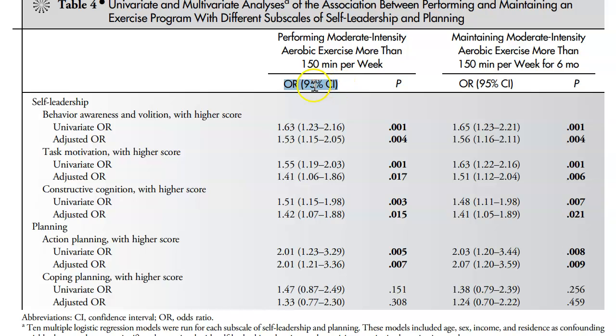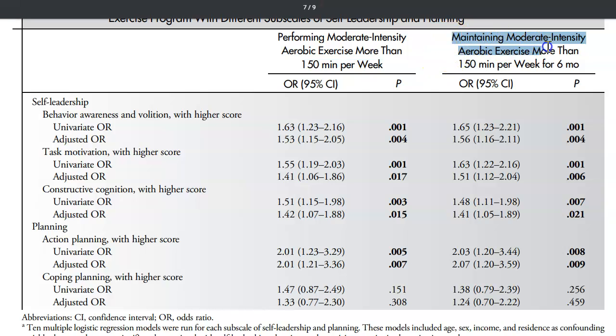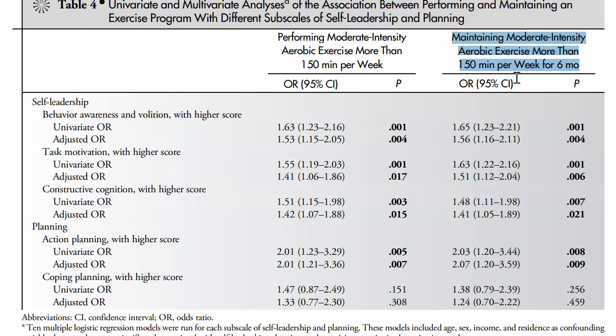So they either said yes you did or no you didn't in terms of exercising 150 minutes or more per week. I assume that's just one week. And the second one was maintaining moderate exercise intensity for at least 6 months, and they basically said yes you did or no you didn't. So it was success versus failure, which in this case is a nominal response variable in both cases.